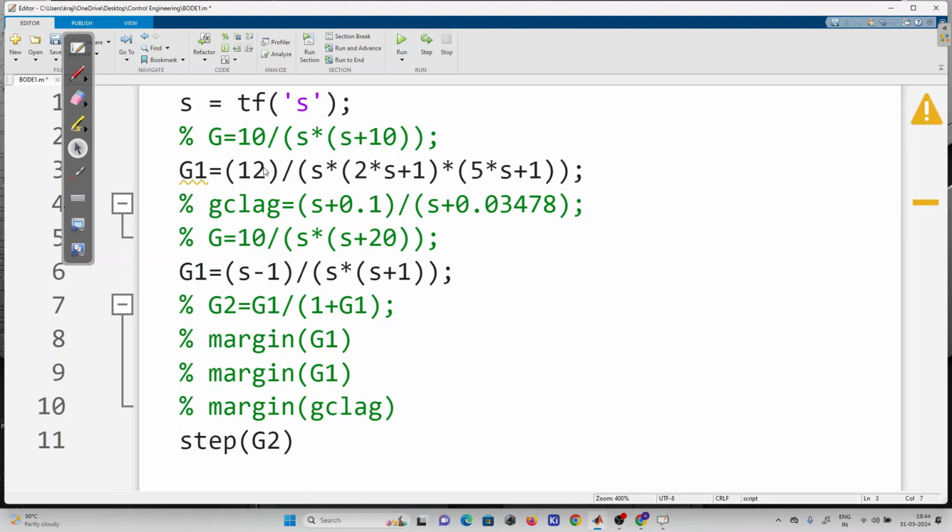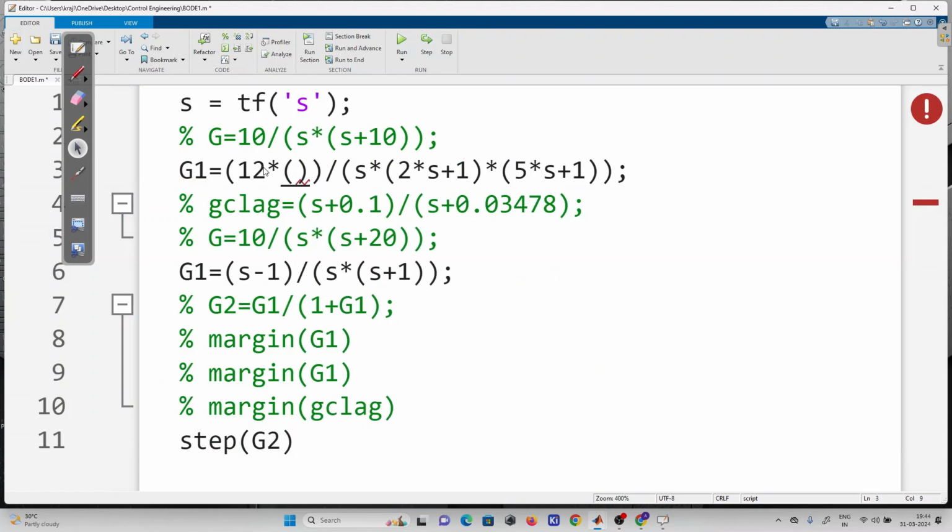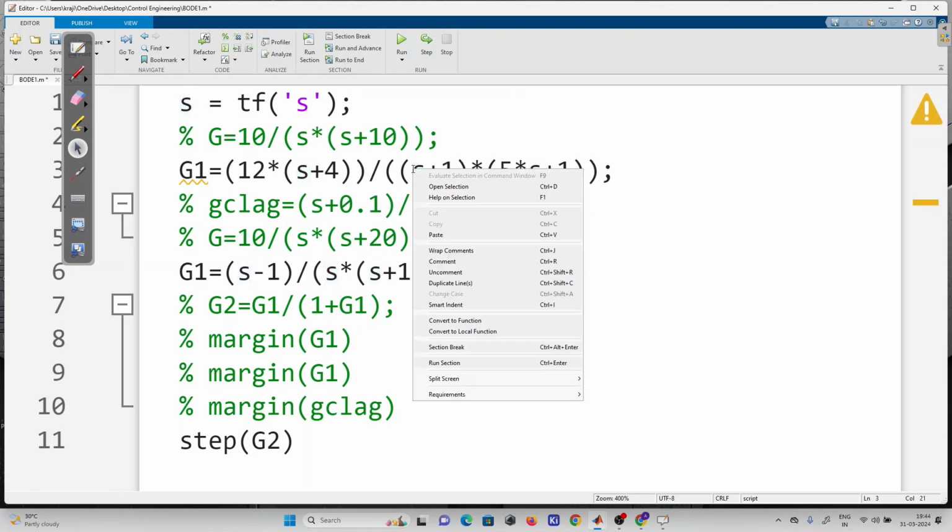One second, capital S and s plus 4 divided by s plus 1, s plus 2, s plus 3. And I'm copying this.